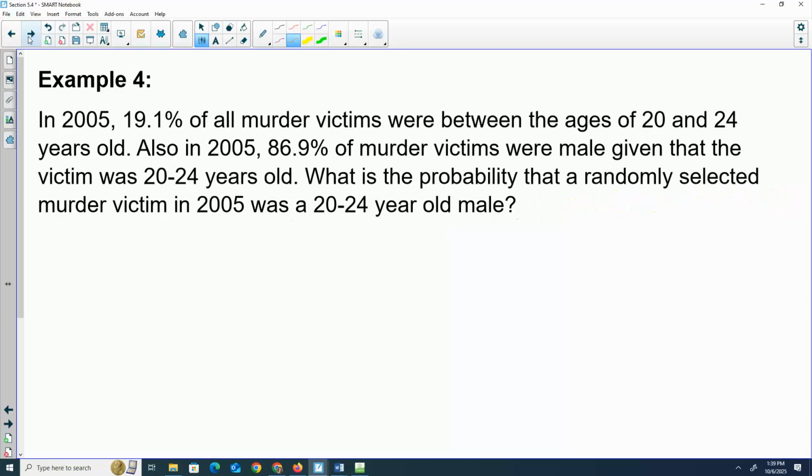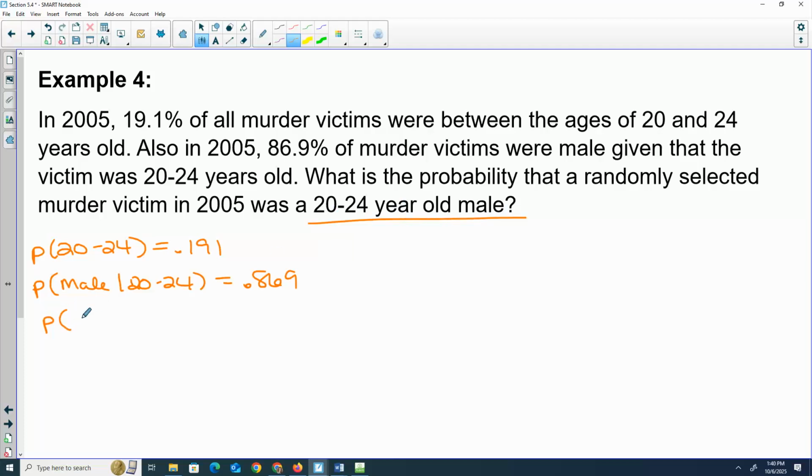So if I look back at this example, if I had used the same scenario but rephrased it, 19.1% were between the ages of 20 to 24, so the probability they're 20 to 24 is 0.191. 89% were male, given that the victim was 20 to 24. So the probability male given 20 to 24 is 0.869. We are trying to find the probability that they were 20 to 24 and male.